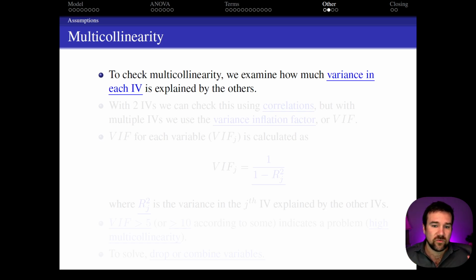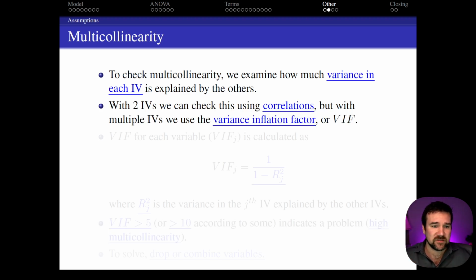How we do that is literally we make regression models. I make a regression model with this one as the outcome, calculate an R squared, and that's how much variance in this one is explained by all the rest. Now with two variables, I can just do correlations, right? I just look at the correlation between the two independent variables and see how correlated they are.